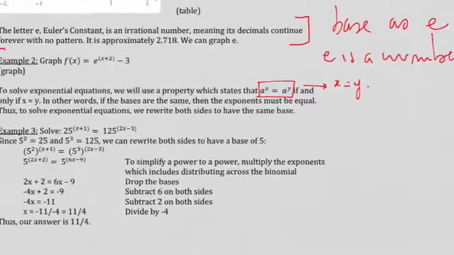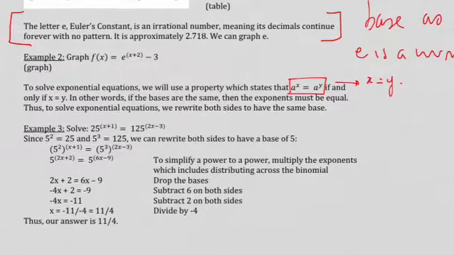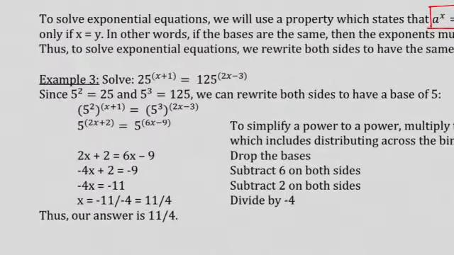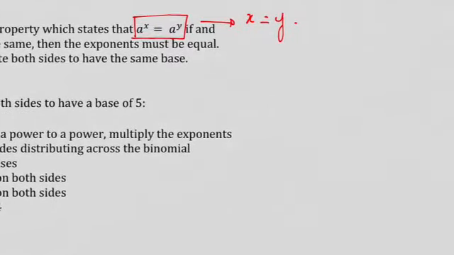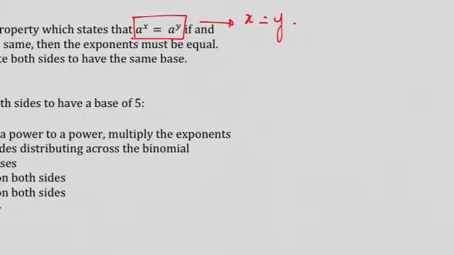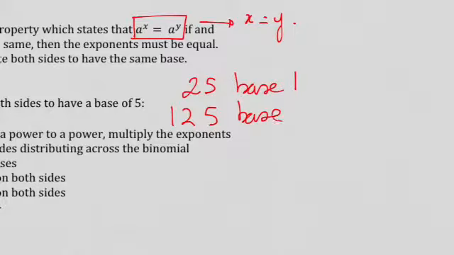So when I look at example number 3, which is 25 to the x plus 1 equal 125 to the 2x minus 3, what I may want to focus on is that 25 is the base, let's call that base number 1, and 125 is base number 2.